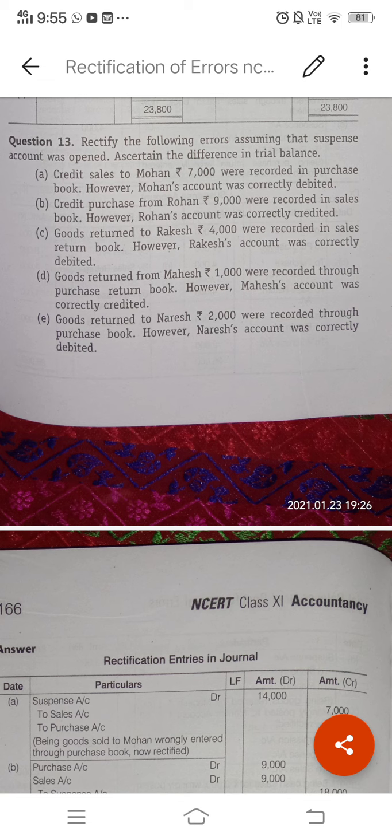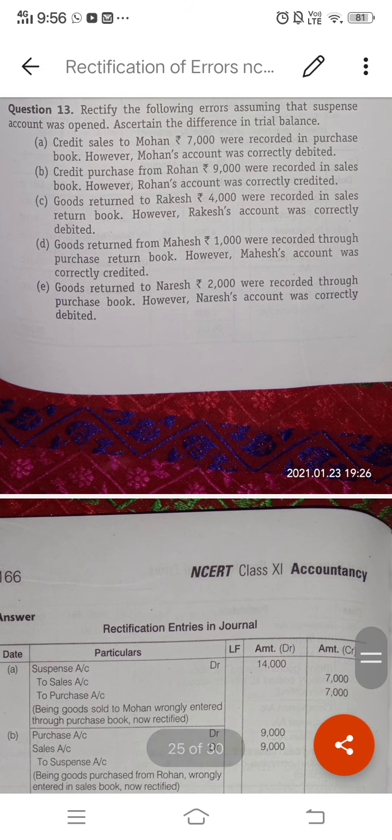The rectification entry is: to cancel the wrong debit with the purchase account 7,000, we are crediting the purchase account with 7,000, and the correct credit is the sales account, so we have to credit the sales account with 7,000. The Mohan account was correctly debited, so no need to debit the Mohan account. Totally 14,000 is to be transferred to the suspense account. So suspense account debit to sales account 7,000 and purchase account 7,000.